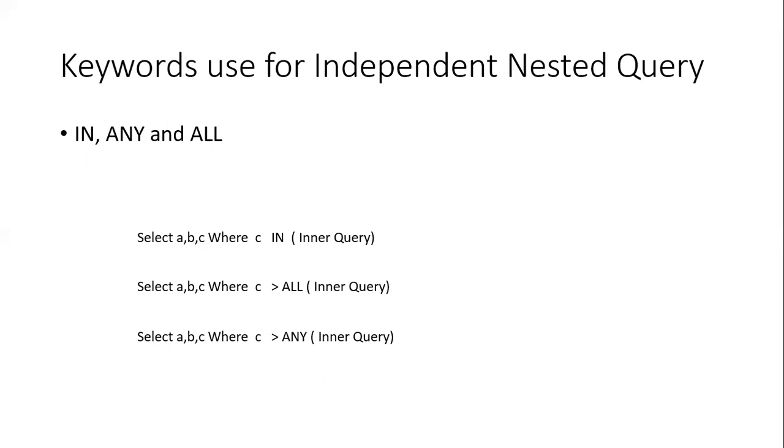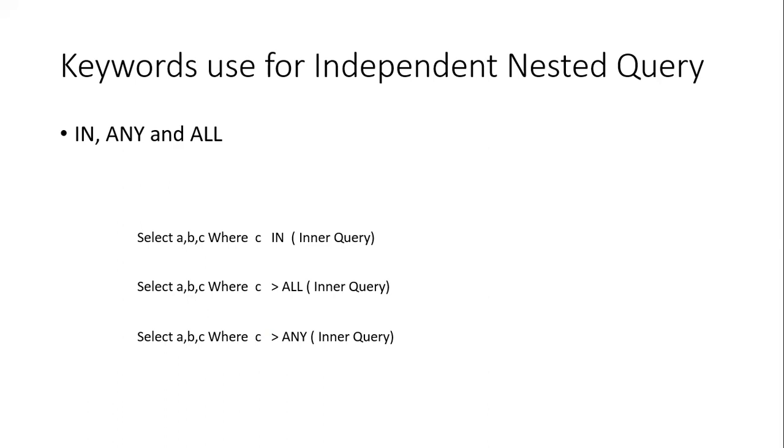Likewise, in the ALL operator, it will first execute the inner query, and the inner query will return a set of values. Then the outer query will select only those tuples whose attribute value of C is greater than all values of a set.